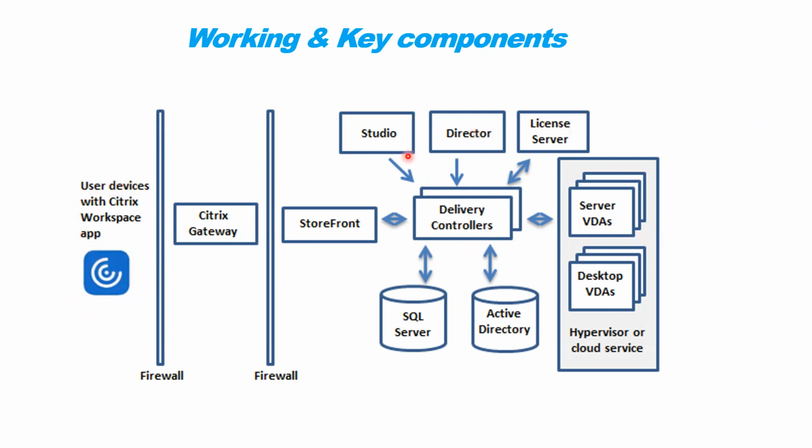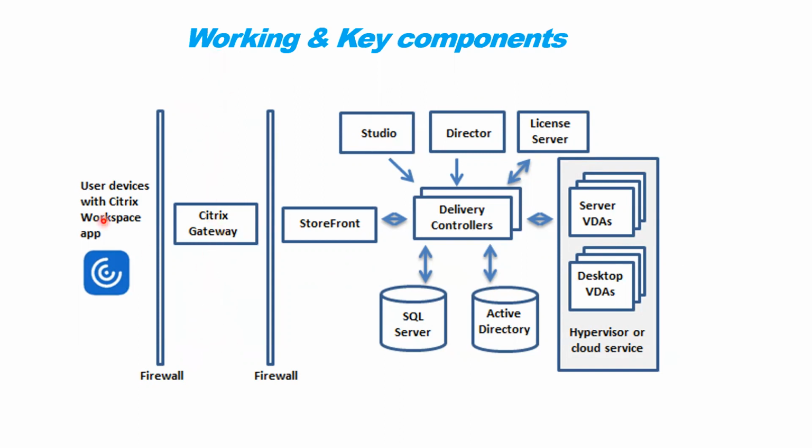The right-hand part is your entire data center, which will be hosted in your office premises. It is your personal data center on which all those Citrix core components are hosted. And in between, we have one firewall, known as Citrix Gateway or NetScaler.